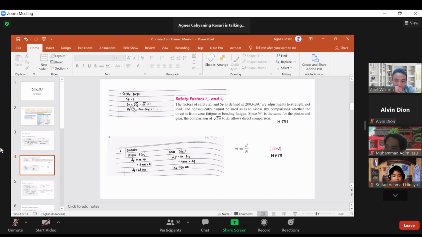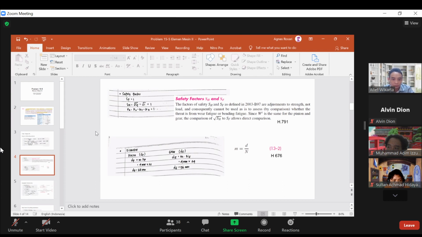Then the contact safety factor is square root of 1, which equals 1. And then for the temperature factor, we also use 1 for straight bevel.